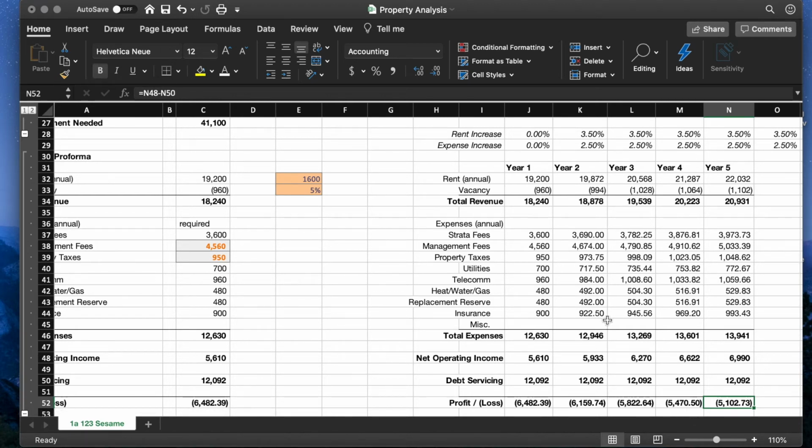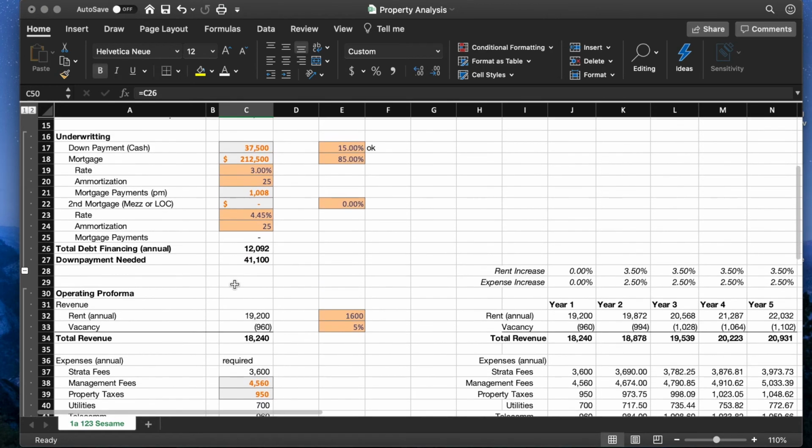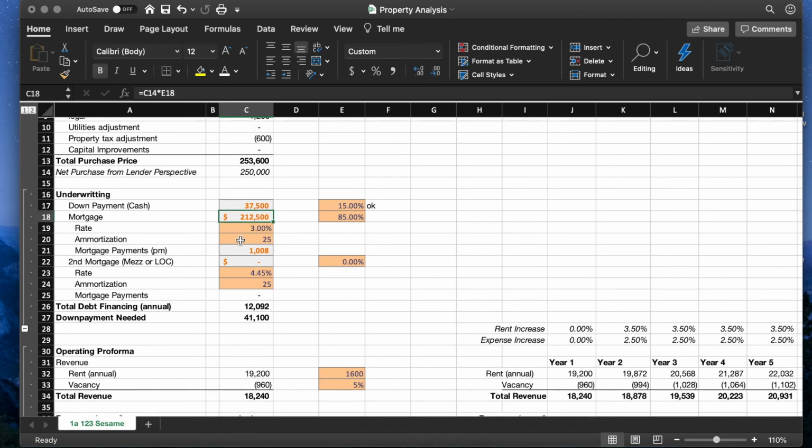The next reason why I don't think this is necessarily such a bad deal is that with all of the debt servicing we have here for this mortgage amount, we are actually paying down this mortgage. Over 25 years, this mortgage will be paid off.